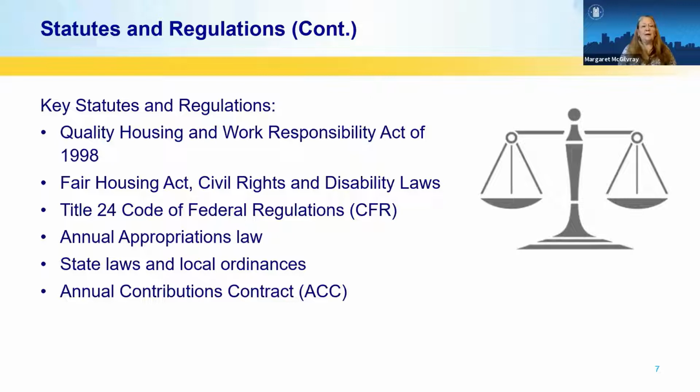It also added the requirement for a resident appointment to the Board of Commissioners. So many of you may be familiar with having a resident on your board, and that was established by QHWRA. It also created the performance assessment systems that we'll talk about a little bit later for public housing.